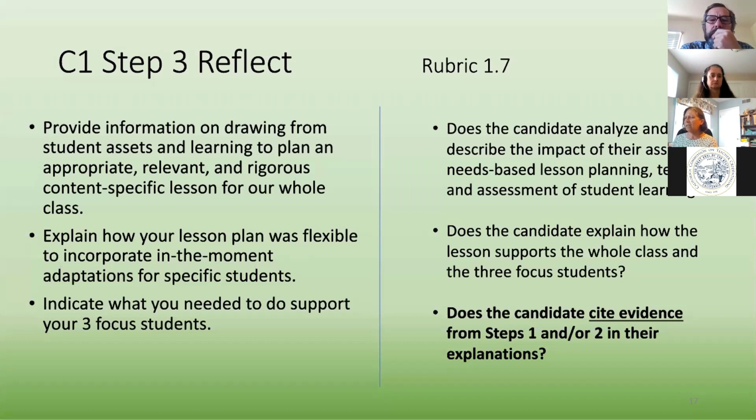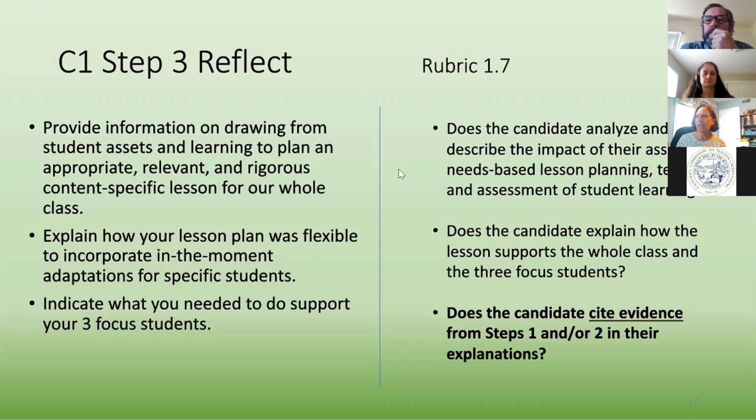And then finally, so important here, the candidate cannot introduce new information in their reflection. They need to cite exactly what happened in their planning step and in their teaching and assessing steps, so steps 1 and 2. They need to go back and talk about that lesson planning process and those assets and learning needs of their students and their 3 focus students, and also what happened when they actually taught the lesson.